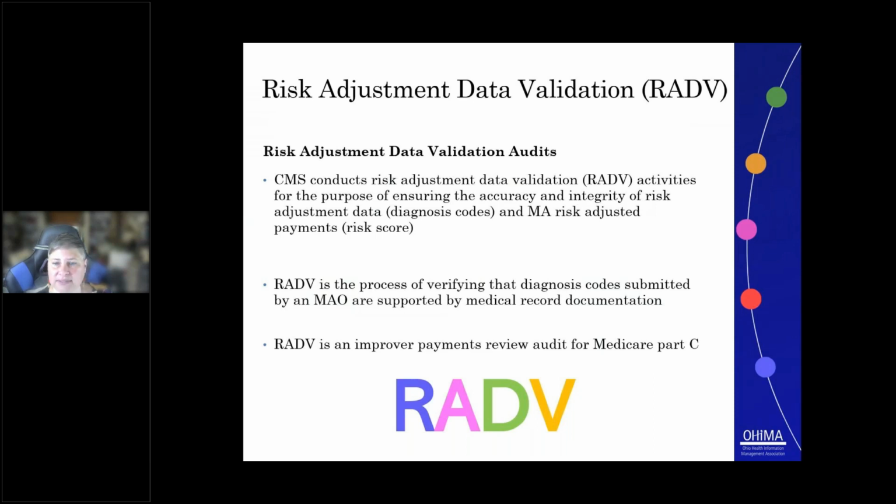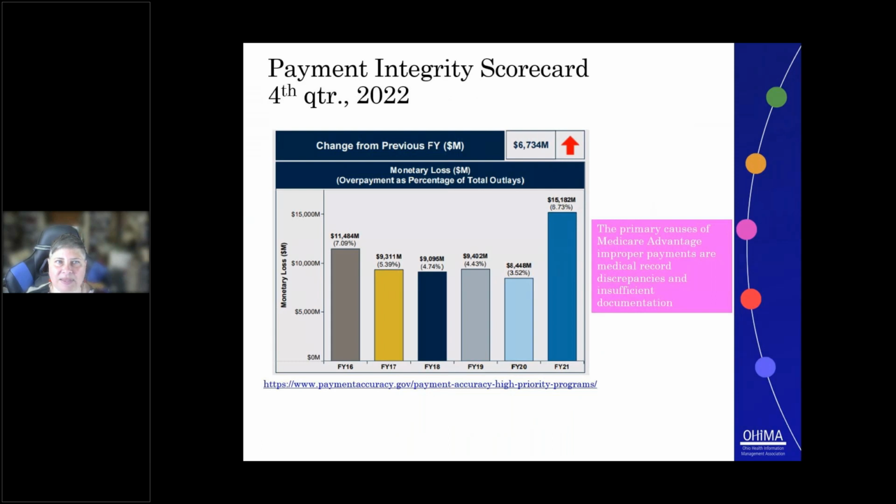So we refer to RADV as an improper payment review audit for Medicare Part C. And RADV audits do identify inaccurate code submission, as you can see in the graphic on this slide. This is the most recent payment integrity scorecard, and as you can see, fiscal year 2021 overpayments are significantly higher than previous years. In fact, $6.7 million higher than fiscal year 20.